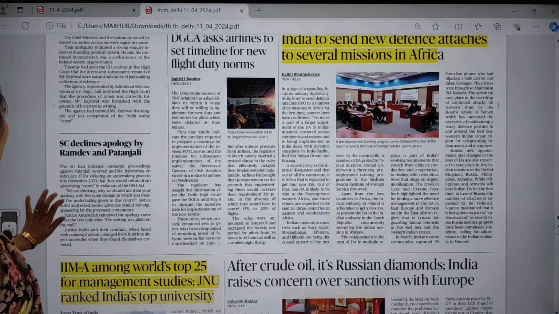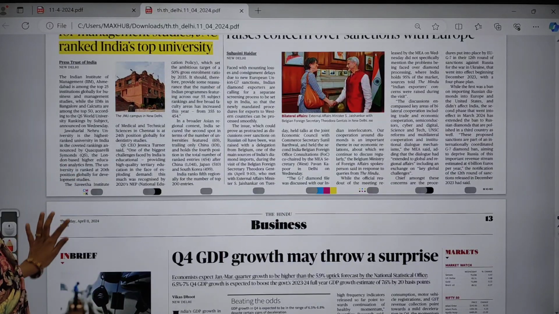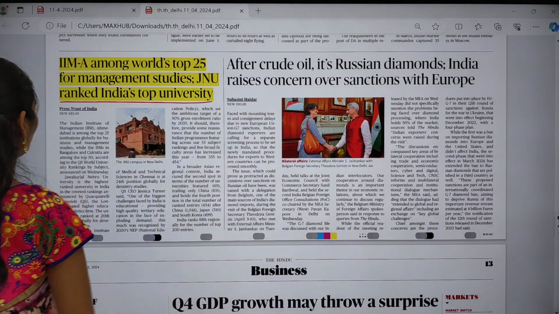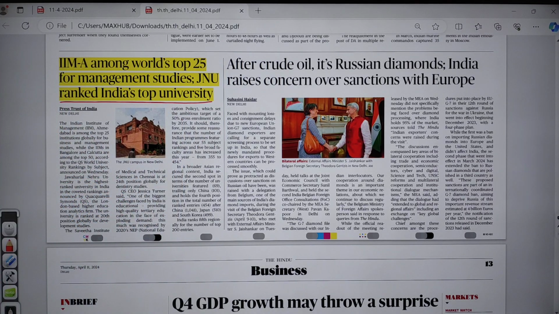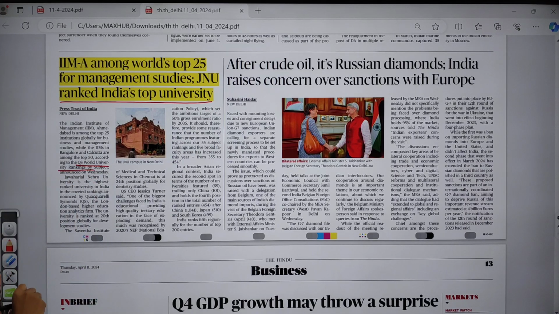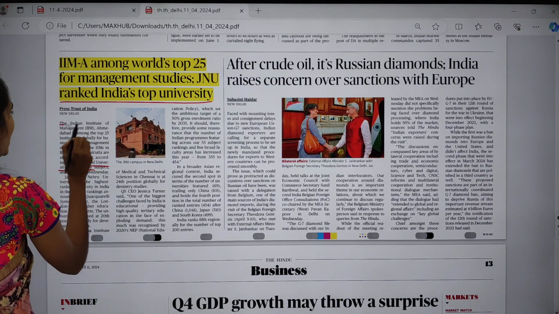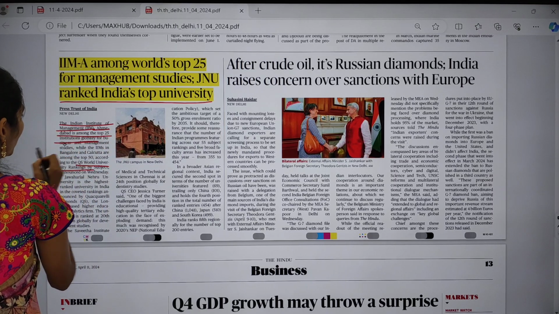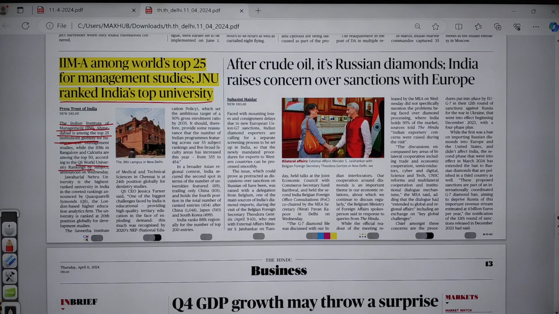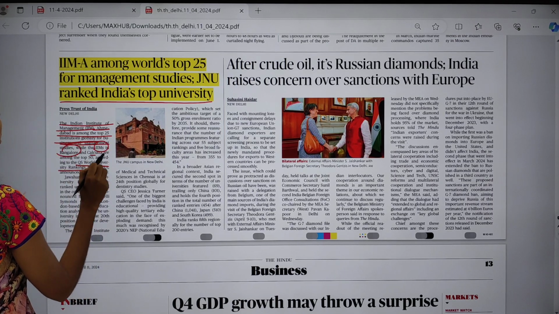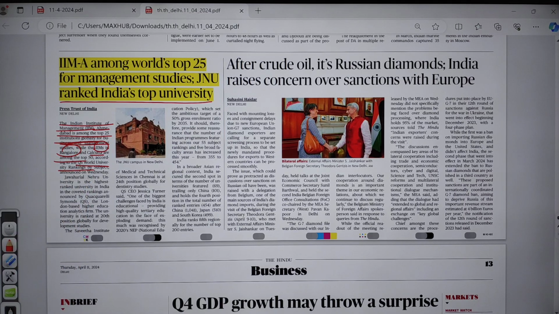And the next important article here is IIMA among world's top 25 for management studies, says QS; JNU ranked India's top university. Recently, the QS World University Rankings were announced. In these rankings, IIM Ahmedabad is among the top 25 institutions globally for business and management studies, and IIMs Bangalore and Kolkata are among the top 50.